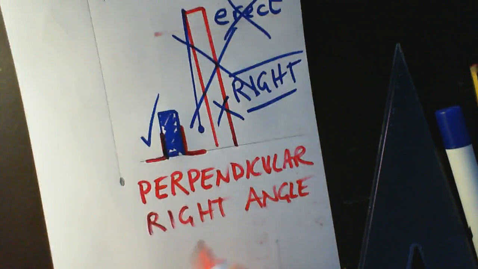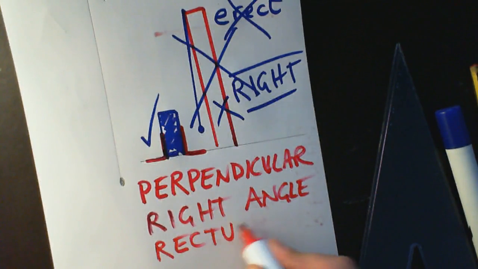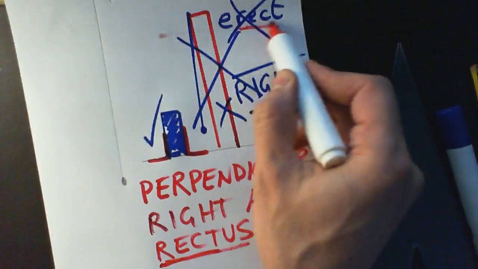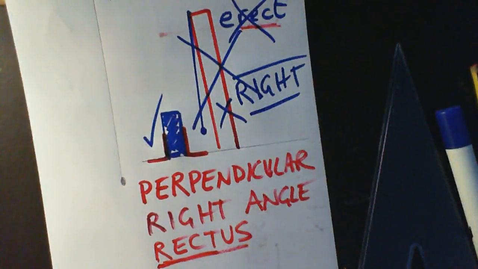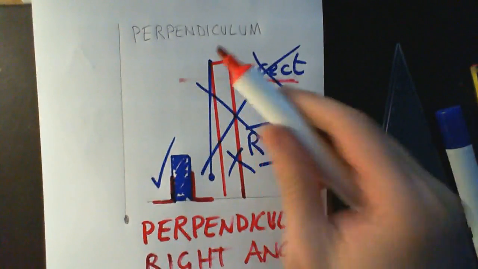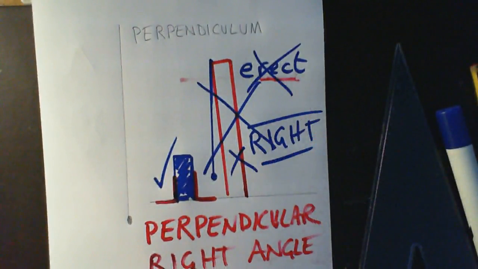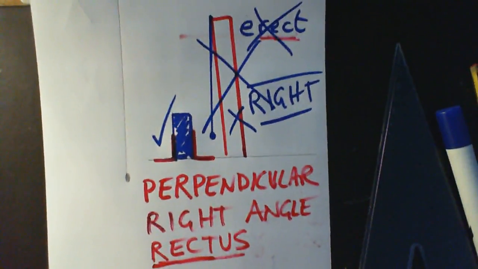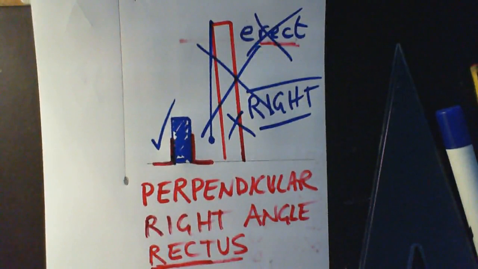And of course the Latin is rectus. And we'll see this rect word coming into play. We've already seen it here, erect. So there are keywords for this: perpendicular, erect, right, and rectus. And that's the end of this section of our introduction to geometry.